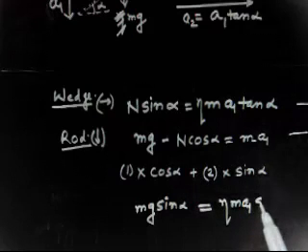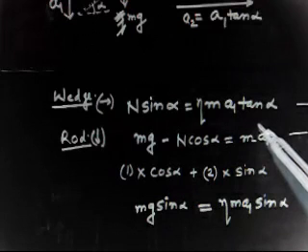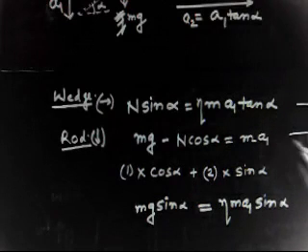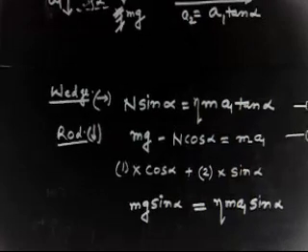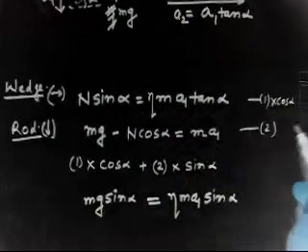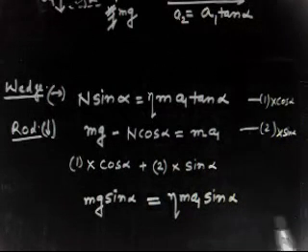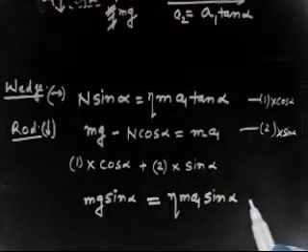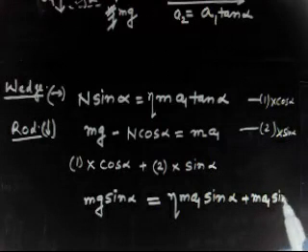So this becomes simply sin alpha, since sin alpha by cos alpha into cos alpha. So I am multiplying this equation by cos alpha, are you getting, and this equation by sin alpha. So what you will have this side is m a1 sin alpha plus m a1 sin alpha.